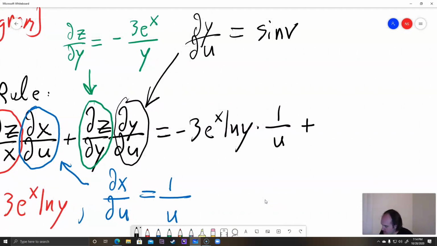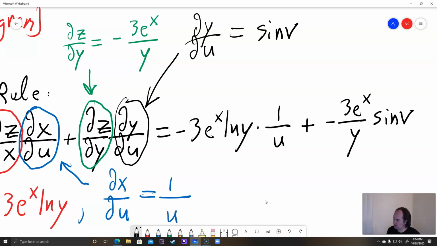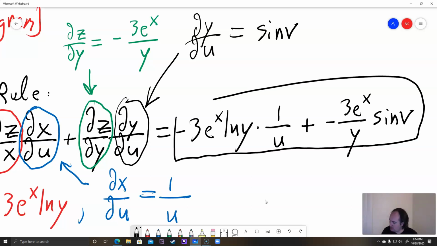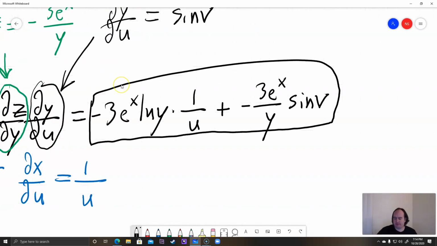So we're going to have plus negative 3 e to the x over y times partial y partial u, so that's going to be sine of v. And that whole mess there is partial z partial u.